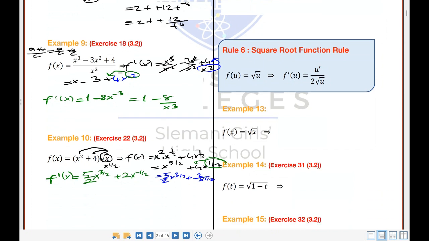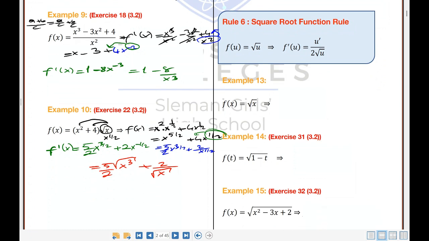How? We can turn them into radicals, right? They're fractional exponents. We can turn them into radicals as 5 over 2 times the square root of x to the power of 3, right? The inside power is 3, the outside power is 2, which means we have a square root, plus 2 over x to the power of 1 is the inside, 2 is the outside, so another square root.